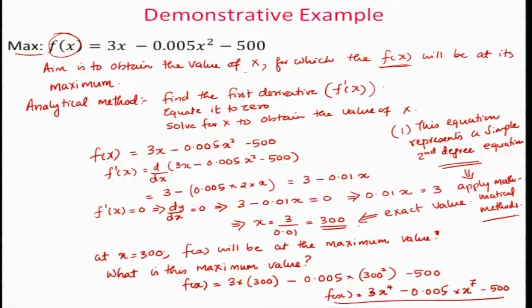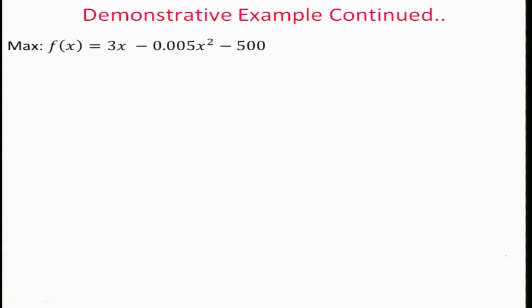This would have been a complicated case. Then you might have resorted to something else. So, for the same problem, how can we solve this using the numerical method is what we are going to see in this slide. The same equation, 3x minus 0.005 x square minus 500, we are trying to solve using the numerical method.